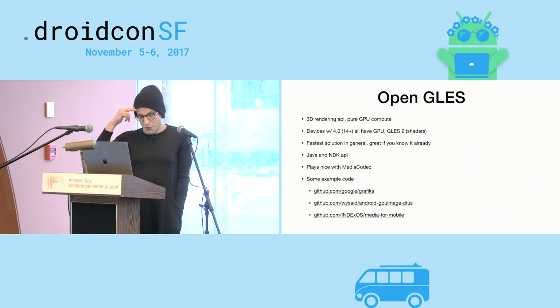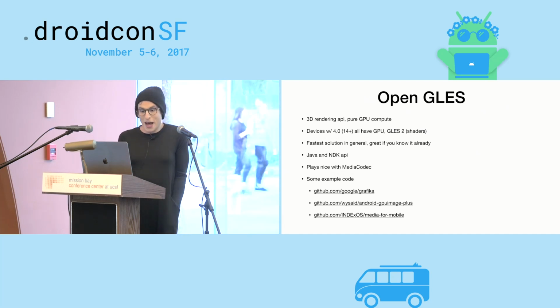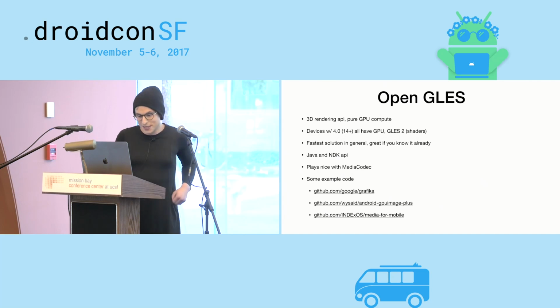What we would be using it for in a photo context is not really drawing, we're using it to do math. What's nice is that GLES2 is available on all reasonable devices, so API 14 and up have a real GPU. They have compatibility test suites that will yell at you if it's not able to handle GLES rendering.